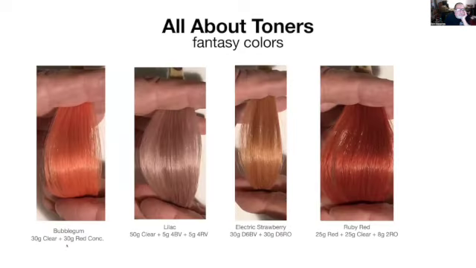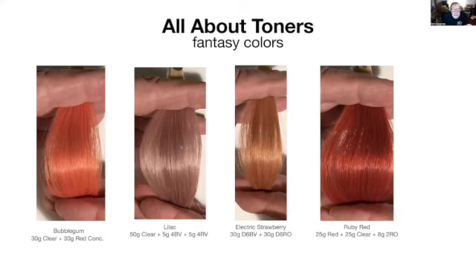What I've done is I've made bubble gum, which is equal parts of clear and red concentrate. Here I've made a lilac color, which is 50 grams of clear with just 5 grams each of blue violet and red violet.